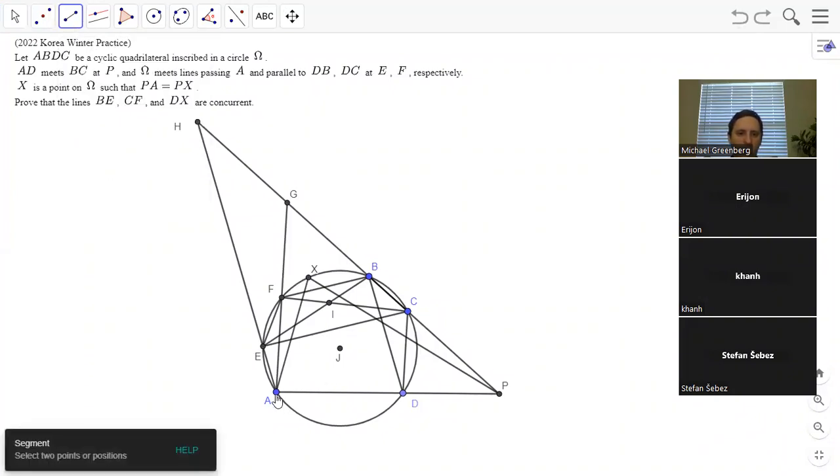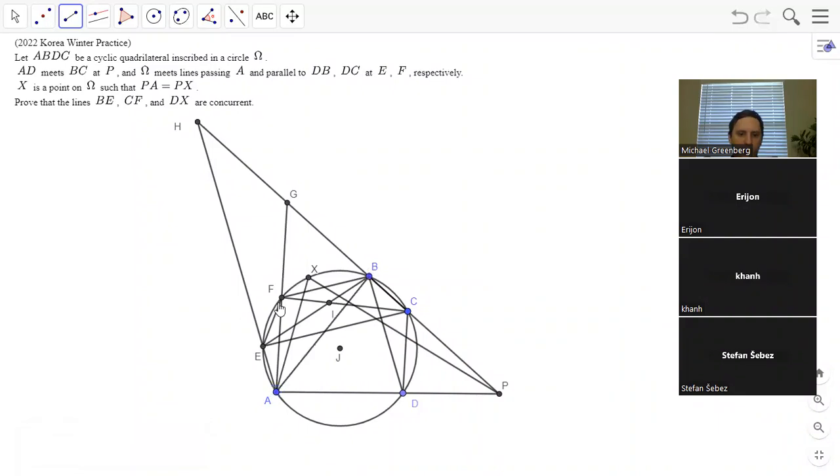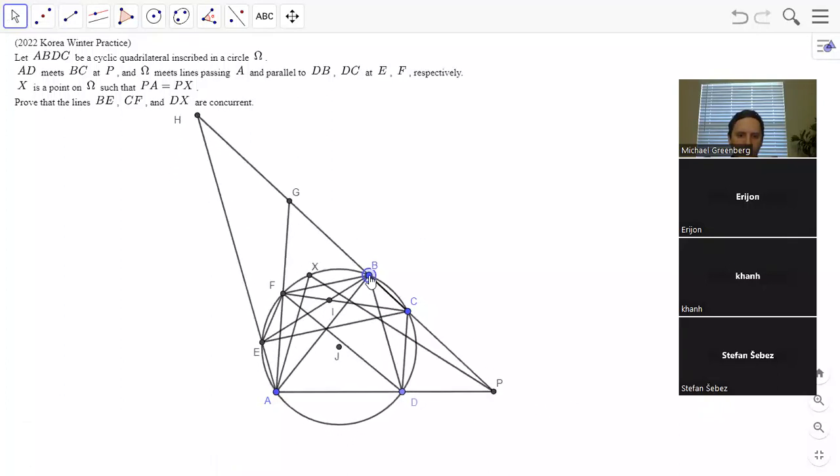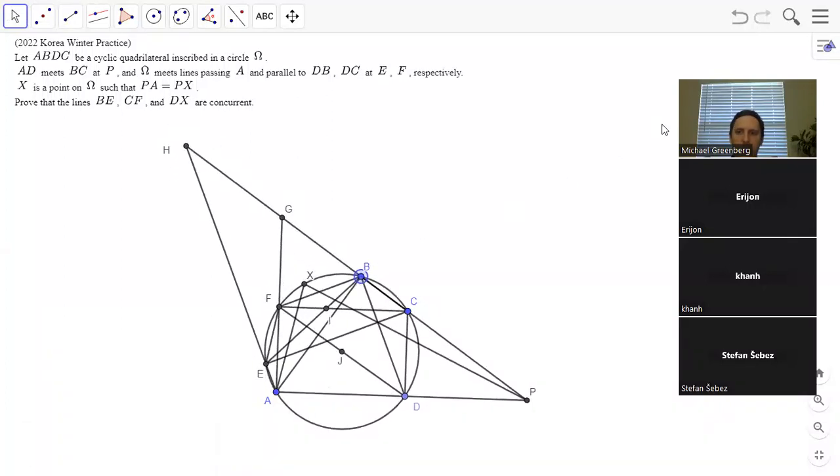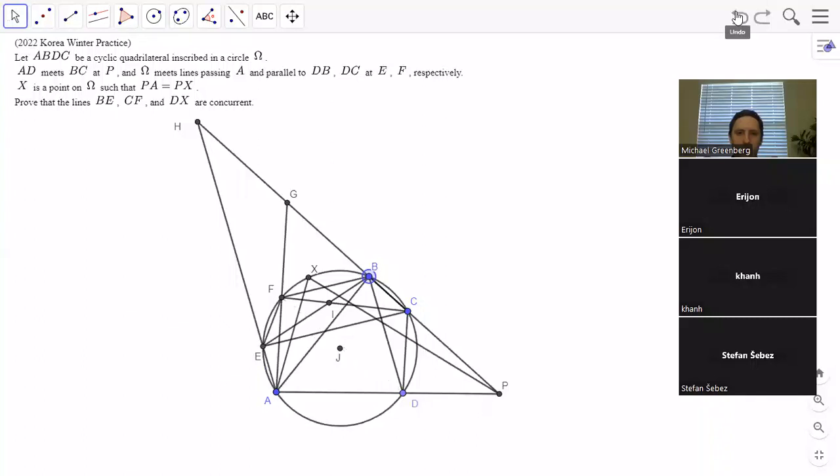So yeah, any way we can use Pascal's theorem? Do FD and AB meet on EC? It almost looks like it, but no. It's just a coincidence.